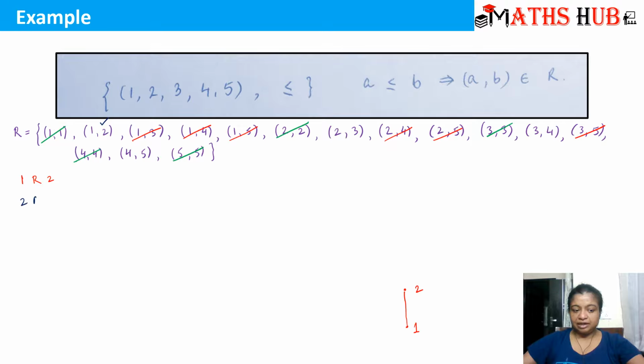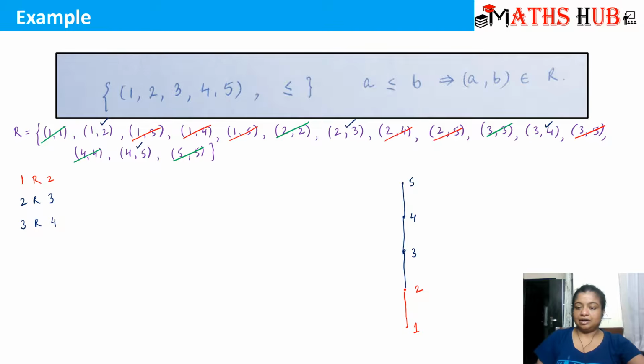So 2 is related to 3, which means again 2 is at the lowest position, 3 is above it, and we'll join 2 with 3. So 2,3 is done. Then we are left with 3,4. 3 is related to 4, so 3 is below and we'll place 4 above it. Then 4,5. So 4 below, 5 above it, and this becomes my Hasse diagram.